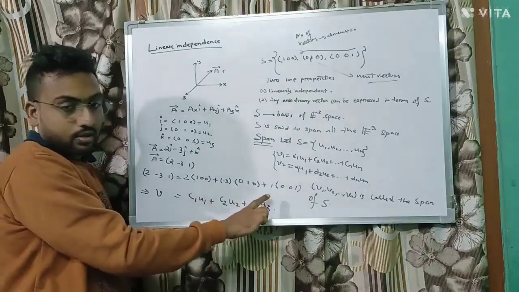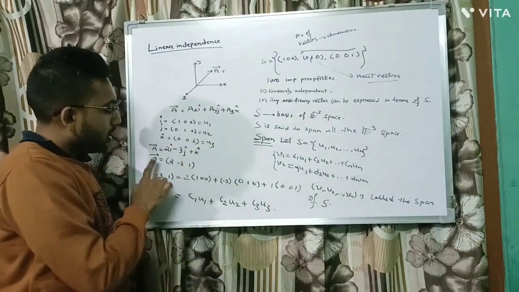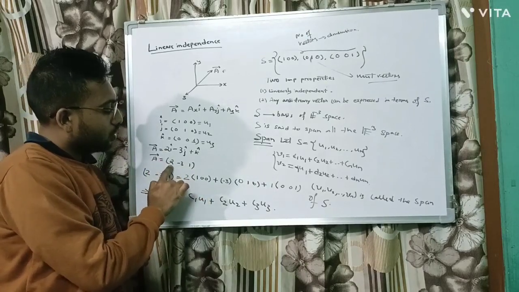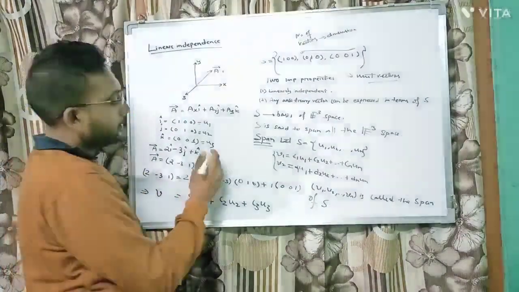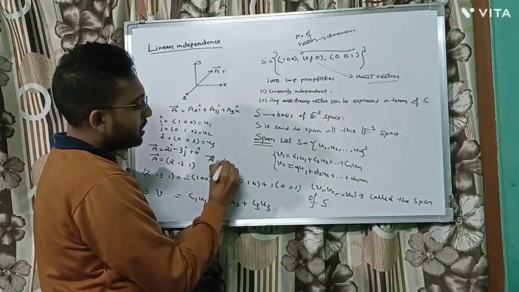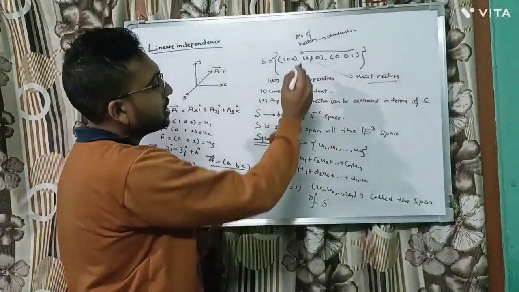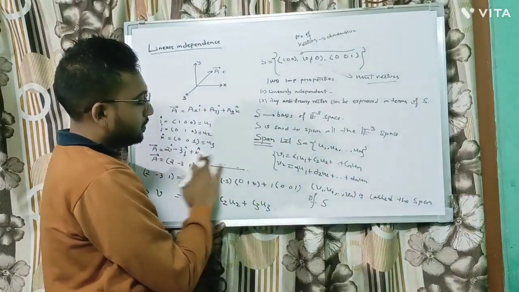As we have seen here, we have used the u1, u2 and u3 vectors, and we have expressed an arbitrary vector (2, -3, 1). So if I have a vector like a = (a, b, c), I can express this vector using these three unit vectors.